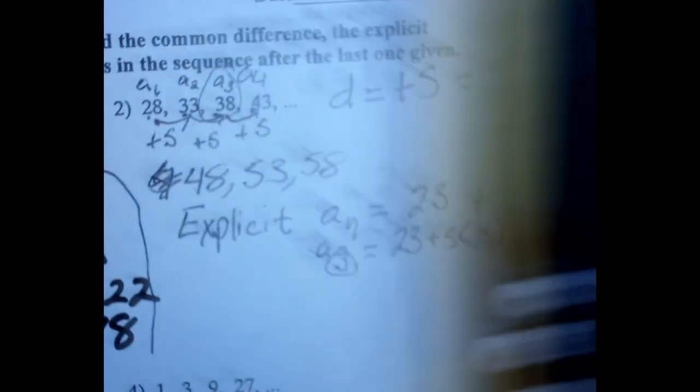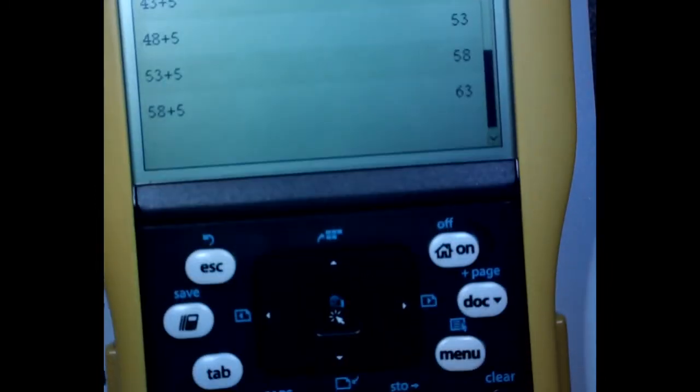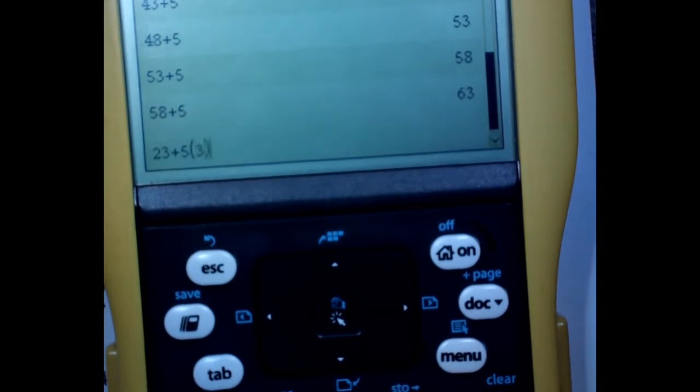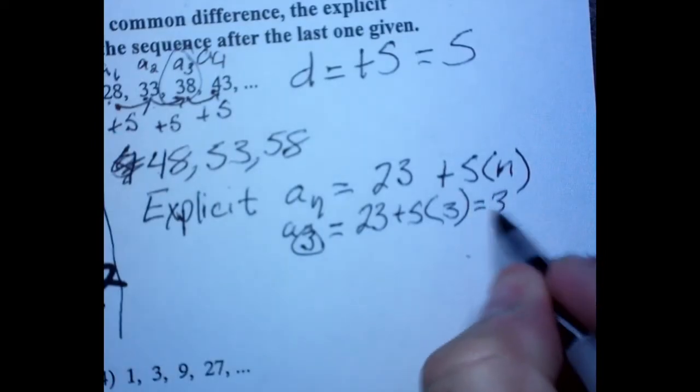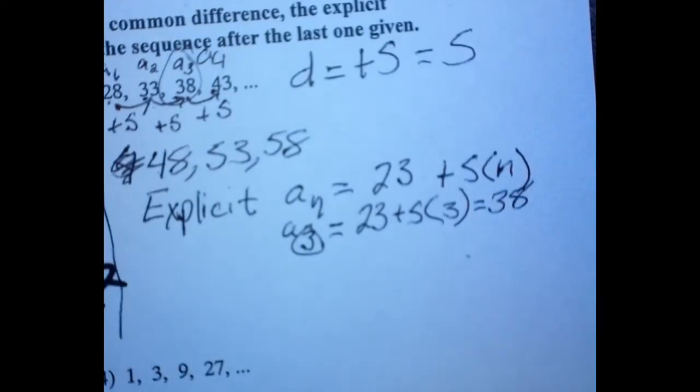So if I plug that in my calculator, 23 plus 5 times 3, I should get 38. I do. So because this is 38, I know that my explicit formula is correct. Any questions on that?